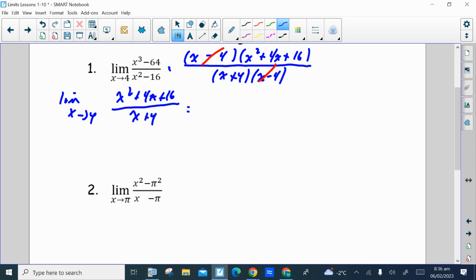And now we can evaluate that by letting x equal 4. So we'll have 4 squared plus 4 times 4 plus another 16 over 8. So that'll be 48 over 8, which is 6. So that's the value of that limit.